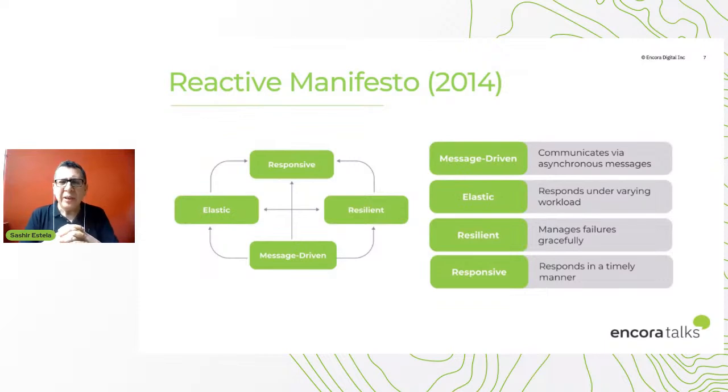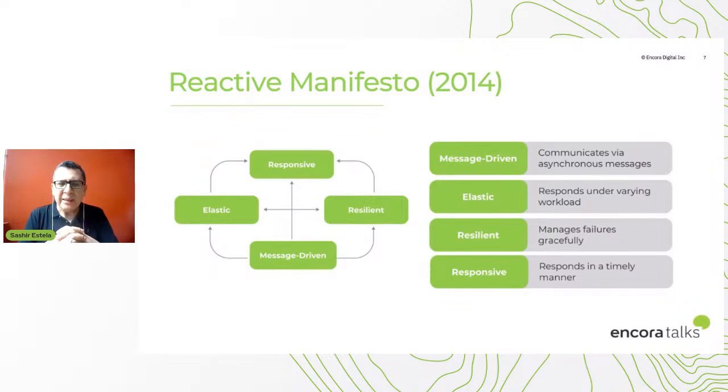In 2014, a group of software specialists came together to identify the main attributes that define a reactive system. They prepared a document called the Reactive Manifesto.